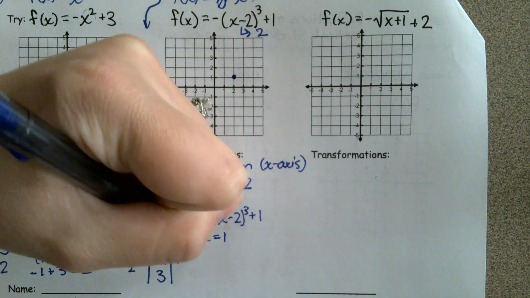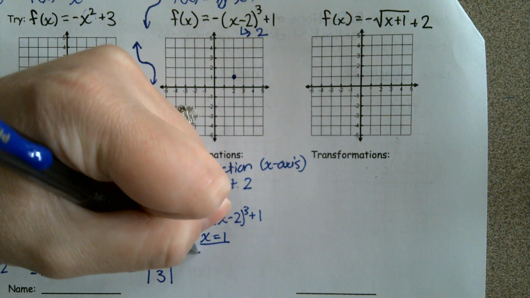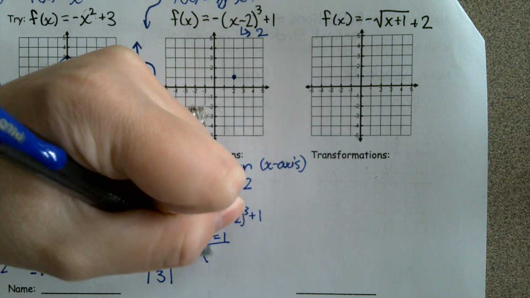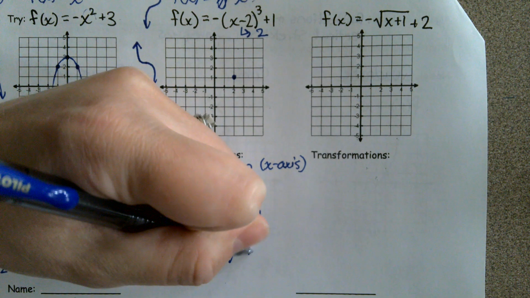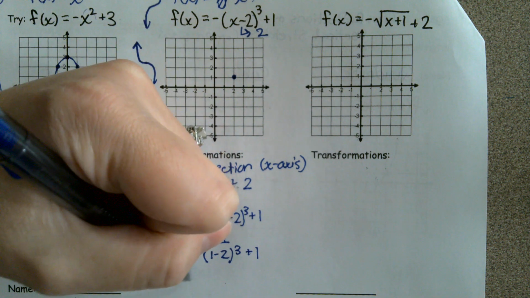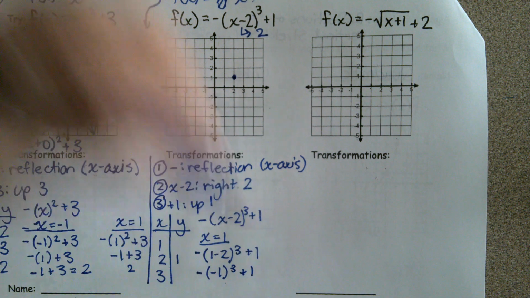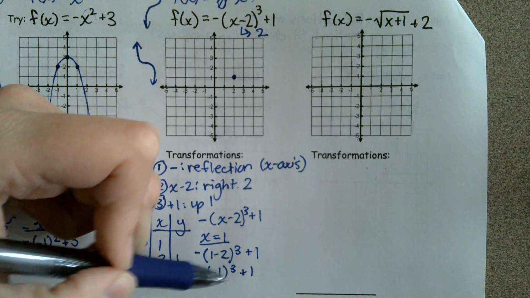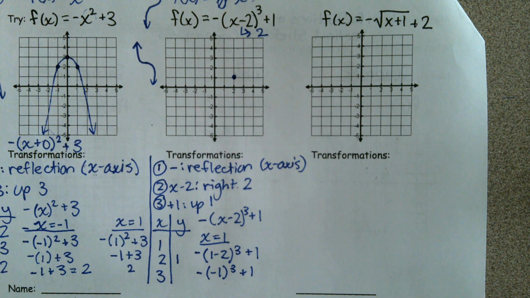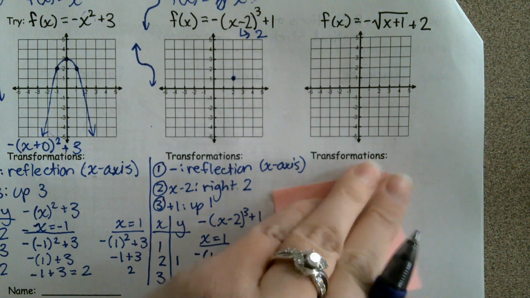We're going to plug in 1 to our equation. Negative, in parentheses, 1 minus 2, cubed, plus 1. Negative, 1 minus 2 is negative 1 cubed, plus 1. Negative 1 cubed, that's negative 1 times negative 1 times negative 1. I'll write it out even.